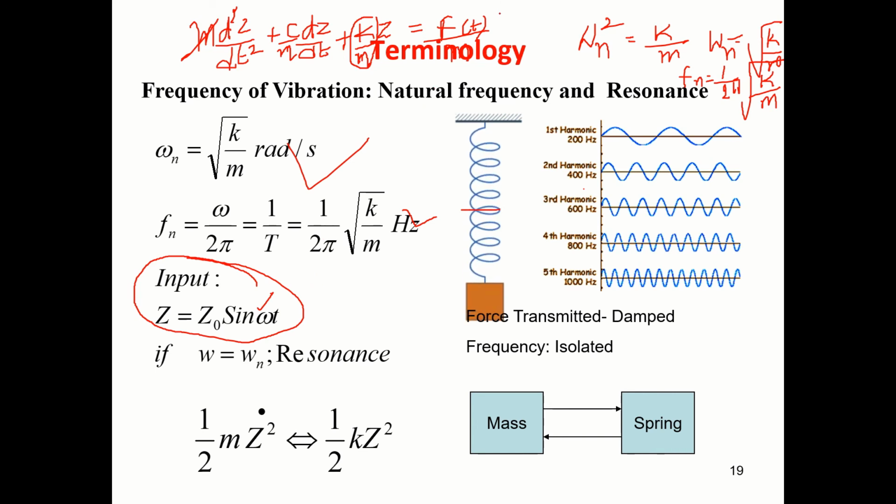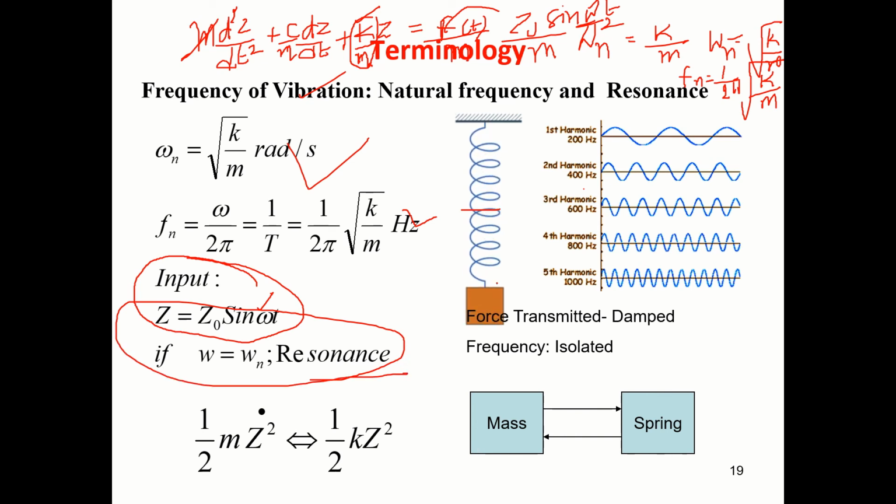So here, if I write F(t) as something like z naught sin omega t by m, this is the excitation frequency, and this becomes the natural frequency. If the excitation frequency is equal to the natural frequency, the system resonates.